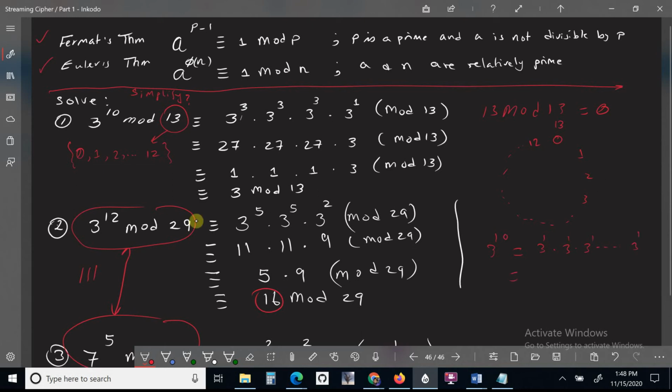Or you can make it 3 squared times 3 squared times 3 squared times 3 squared times 3 squared, or you can do a mix. You can do 3 to the power 3, 3 to the power 3, 3 to the power 1, or you can have any combination: 3 to the power 3, 3 to the power 4, 3 to the power 3, and so on.